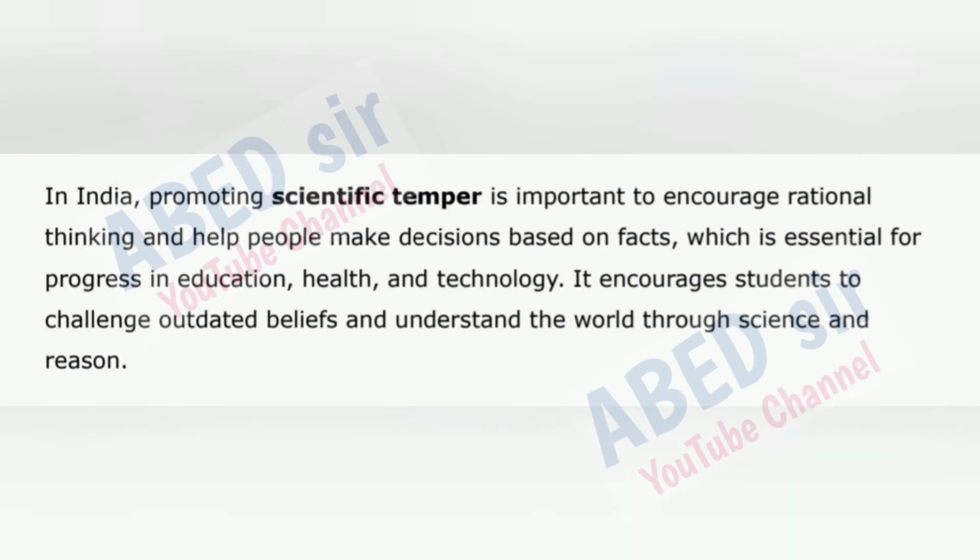In India, promoting scientific temper is important to encourage rational thinking and help people make decisions based on facts, which is essential for progress in education, health, and technology. It encourages students to challenge outdated beliefs and understand the world through science and reason.